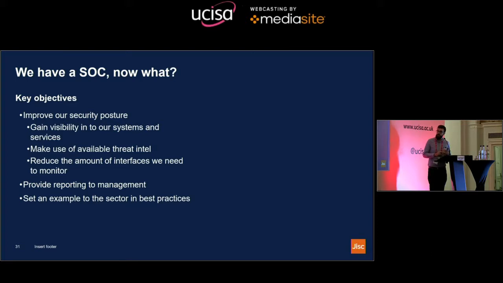We want to make use of available threat intel, and start building our own threat intelligence, which is why we've built a threat analysis function. We also want to reduce the number of interfaces we need to monitor. You can probably relate: we've got web interfaces, DDoS mitigation systems, all these different web front ends that we need to monitor, and switching between all of them can be quite time consuming.